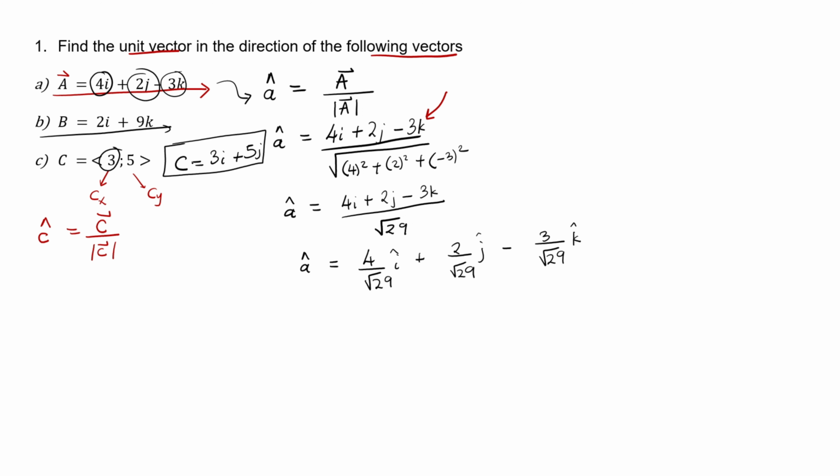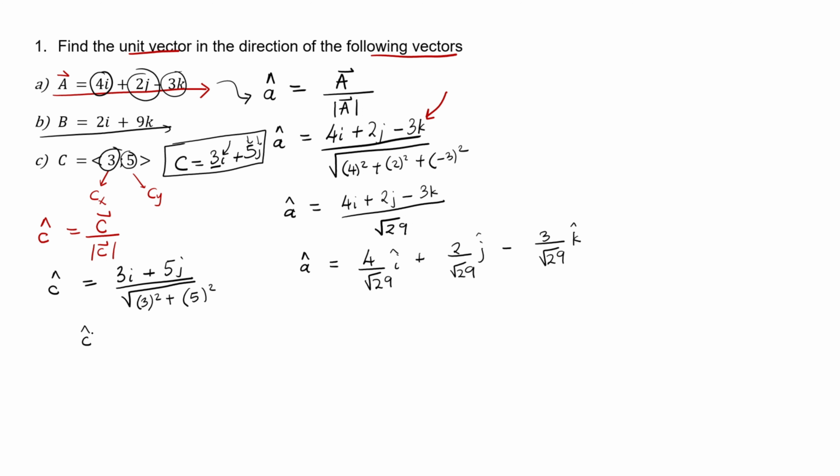Basically, you say the x component is 3 and you put an i on it because it's along the x-axis. The y component is 5, you put 5 here and a j next to it because it's along the y-axis. So to find the unit vector, you put C in standard base notation, 3i plus 5j, over the magnitude. You do the square root of the x component squared, 3 squared, plus the y component squared, 5 squared.